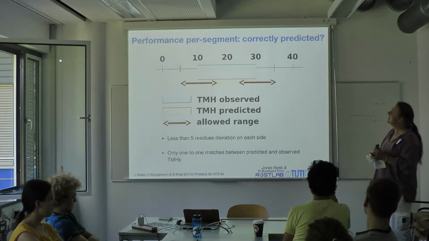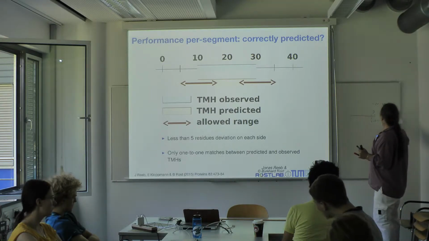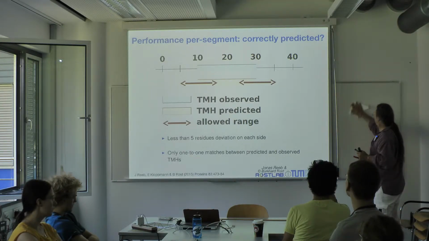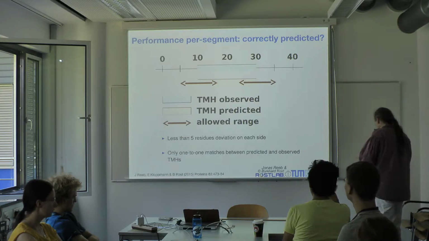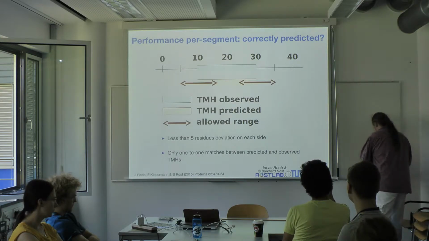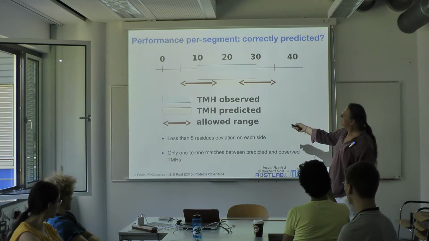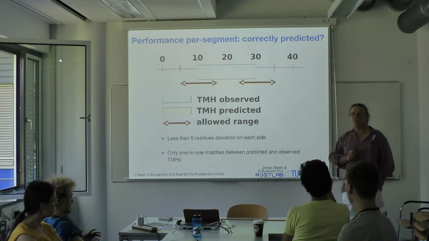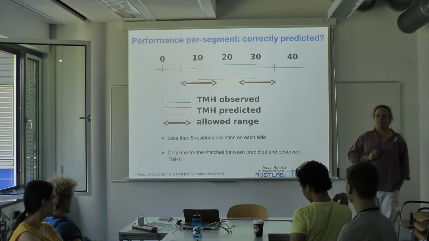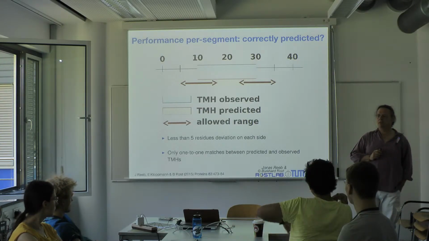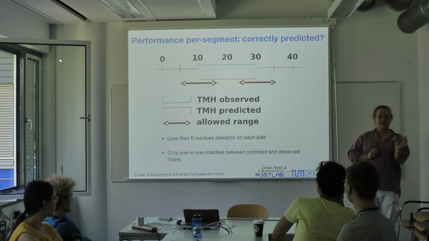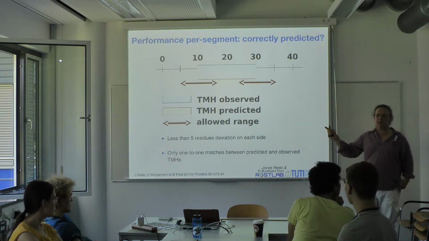In this particular case, we sharpened this, or made it a little bit more conservative, by arguing that they can differ by at most 5 residues on either side. So you're allowed to be 5 residues off, and then we count it right.